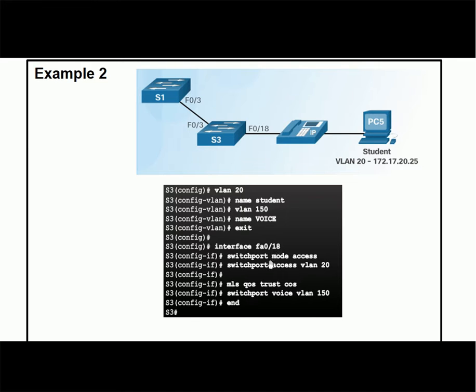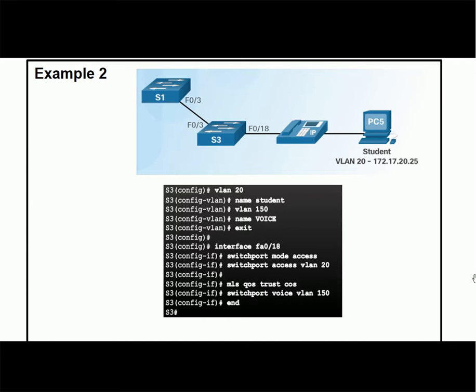Interface port 18, switchport mode access, so we now specify that port 18 is an access port and assign it to VLAN 20. The next thing we should do is specify the next VLAN, VLAN 150, to also carry voice traffic, but that also means that port 18 should also be able to carry voice traffic.